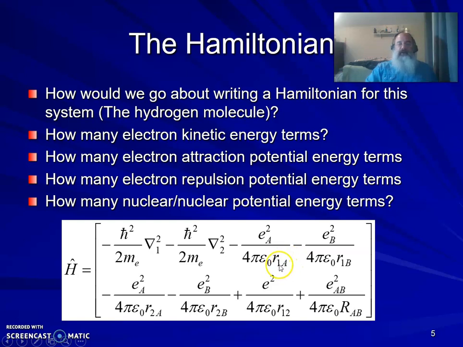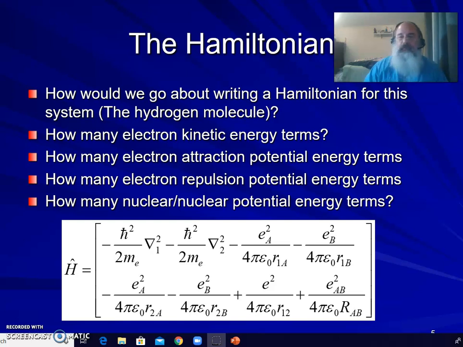The distance between electron 1 and nucleus A is this R, and so on. And then when we get to our repulsion terms, the electrons are going to repel each other based on 1 over the distance between electron 1 and 2. And the nuclei are going to repel each other based on the distance between nucleus A and B.